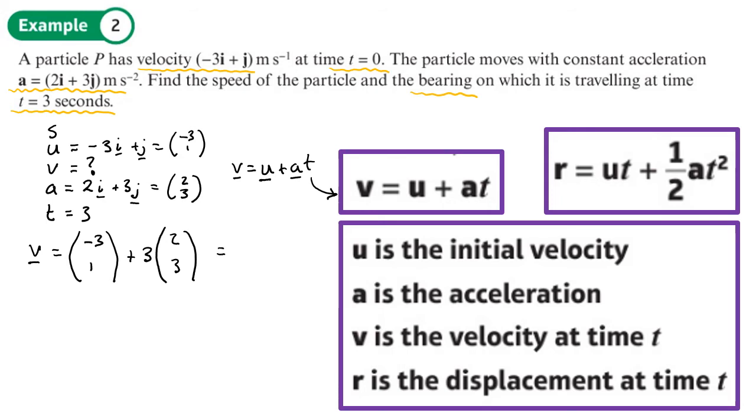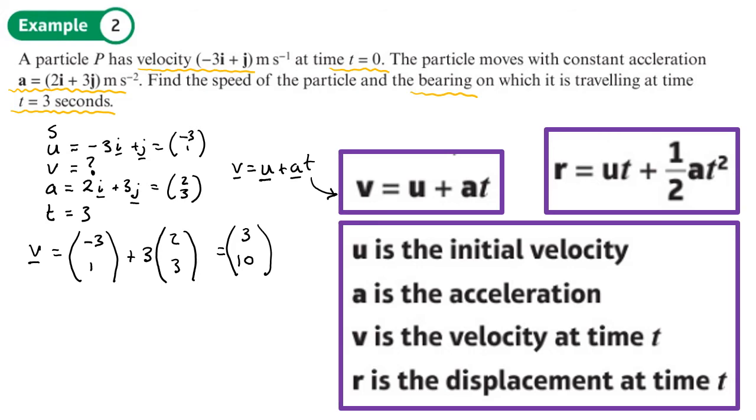So we have negative 3 here, plus 6, which is 3, and then 1 plus 9, which is 10. So what we've now got is the velocity of the particle at 3 seconds.